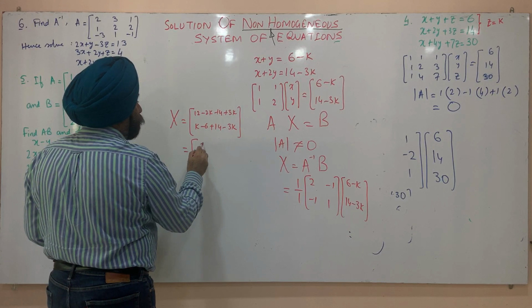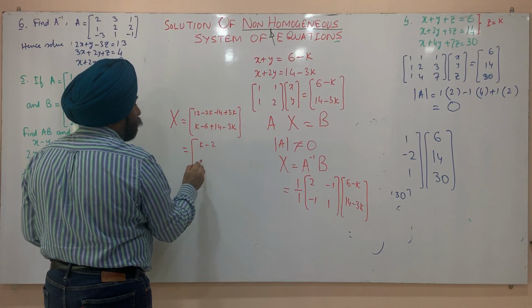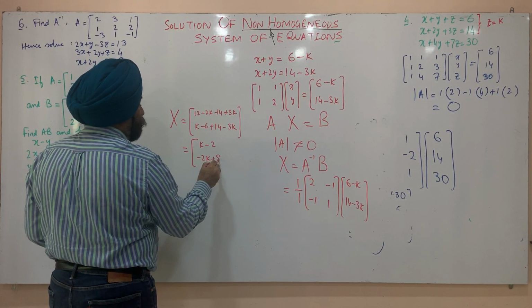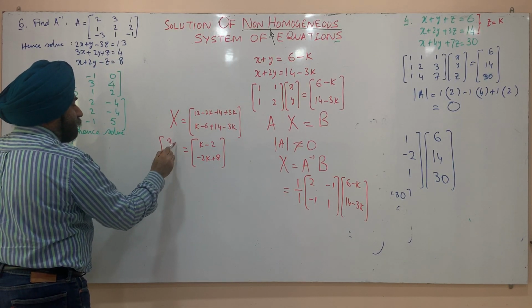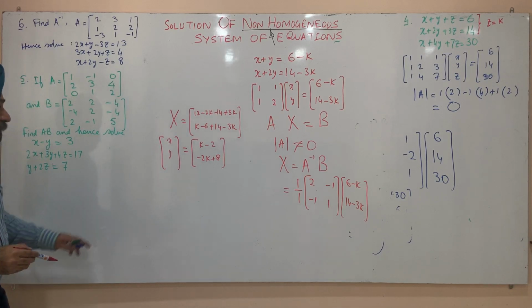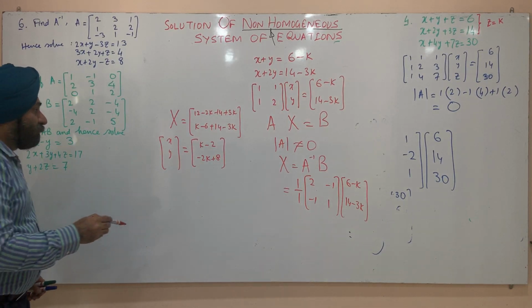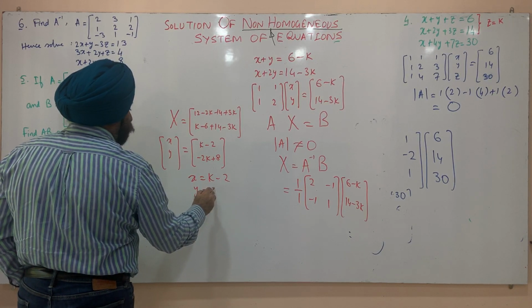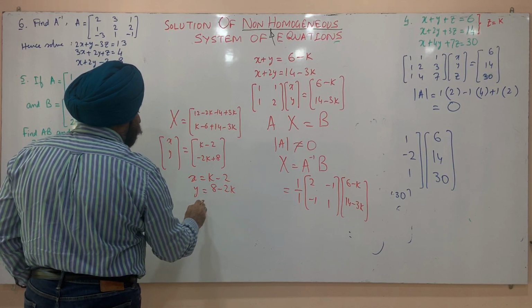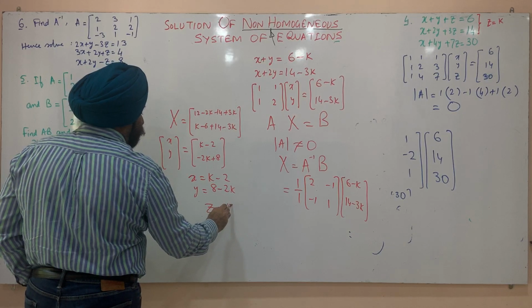And that is k minus 2, minus 2k plus 8. So X means small x and y, column matrix containing small x and y. So this is x equal to k minus 2, y equal to 8 minus 2k. And we have put z equal to k.